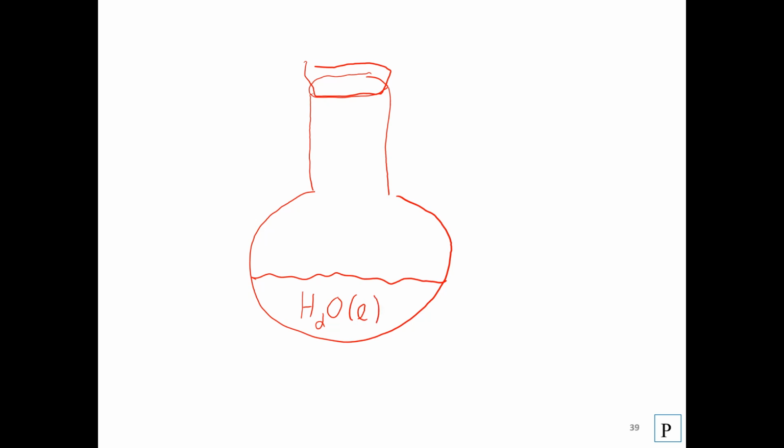So there's liquid water, and in that closed vessel, it'll evaporate to form gaseous water. And again, at some point in time, the rate of evaporation will equal the rate of condensation, and you will get an equilibrium vapor pressure of water up here.